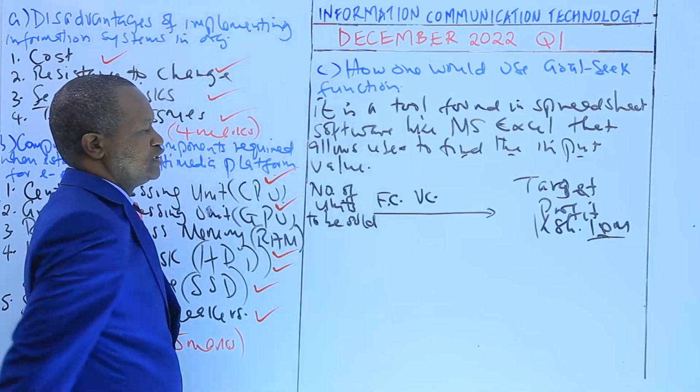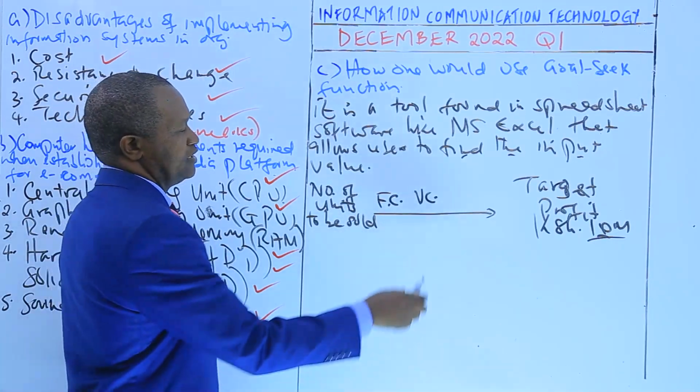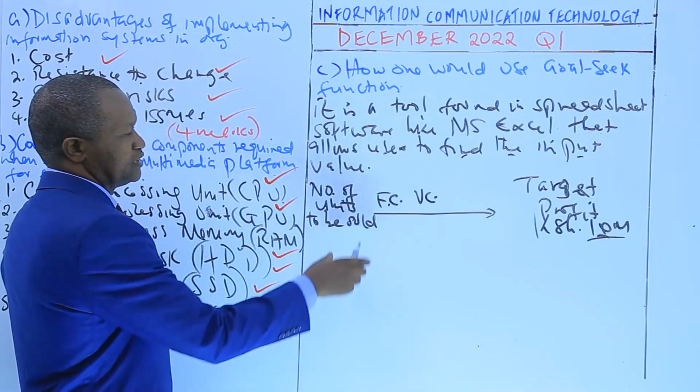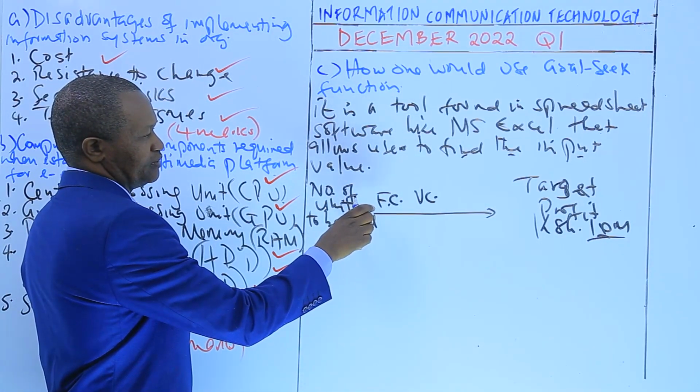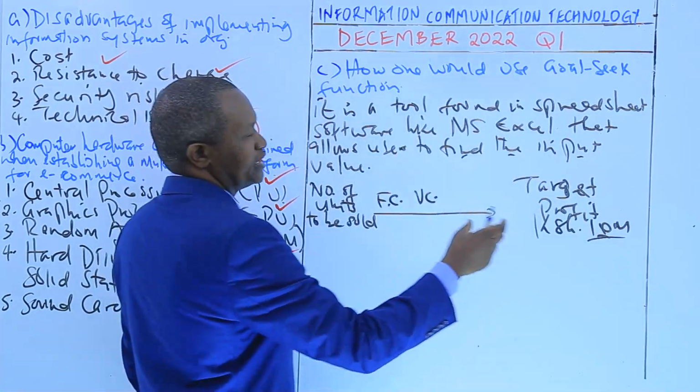The number of units that needs to be sold with the fixed cost that a company incurs, the variable cost per unit, with these inputs, then the desired profit can be attained. But the starting point is the target profit.